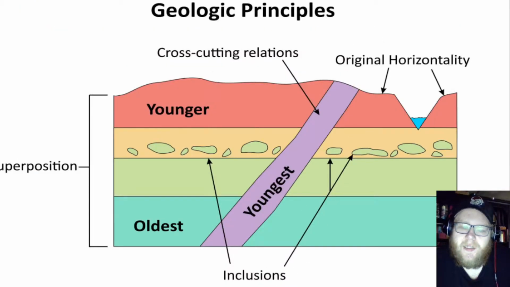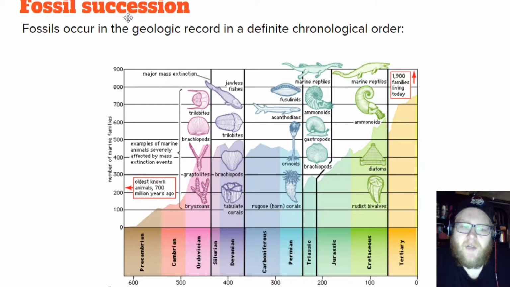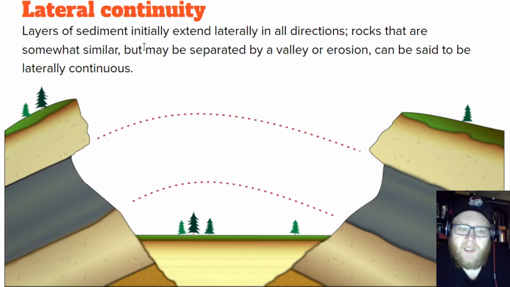Here's just a review once again, and then the fossil succession. If we find older fossils in a layer, then that layer must be older than a layer with younger fossils. And then the lateral continuity again, which is that even though these are separated by a valley, we can say that they were once laterally continuous because the layers extend laterally in all directions.